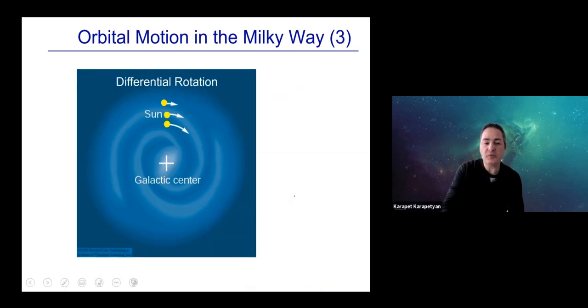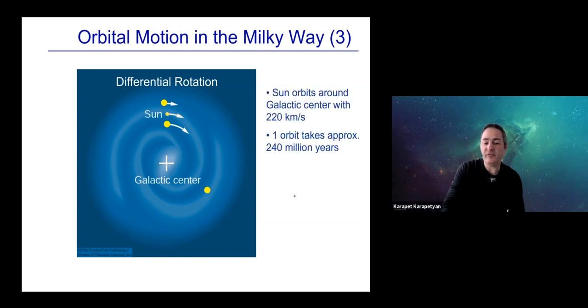This is what we call differential rotation, where different parts rotate at different rates. For example, if we take the sun as the reference, which we always do, the sun is going at a speed of about 220 kilometers per second around the galactic center, which is roughly 8,000 parsecs from the sun.